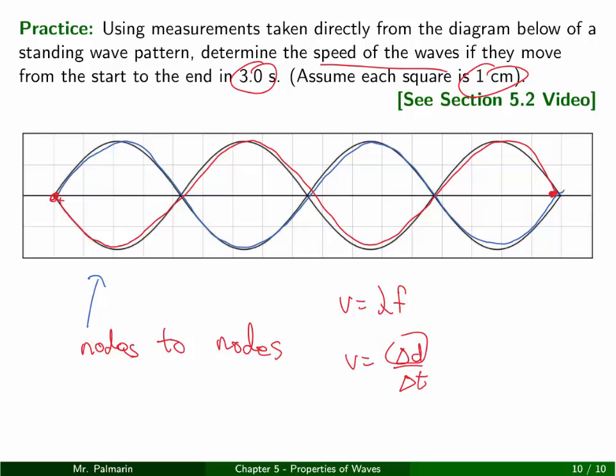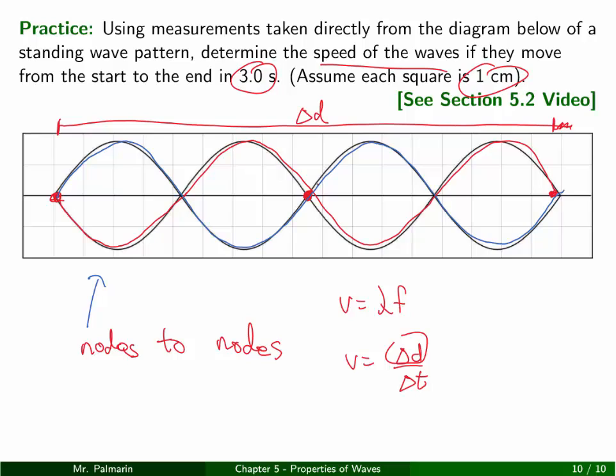But that means you need to know the distance from here all the way to here. Okay? You need to know that. In other words, you need to count, or you could take the wavelength and multiply it by how many waves you have, which is what I'll do. But a wavelength is actually the distance from here, not to here, but to here, right?